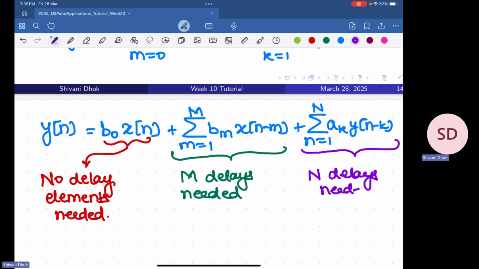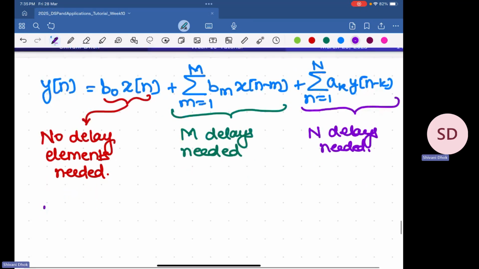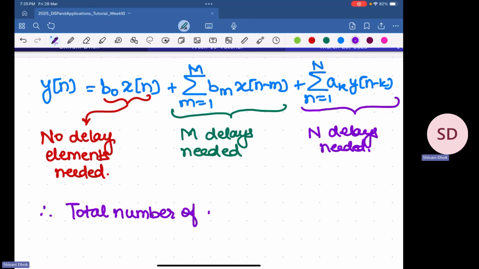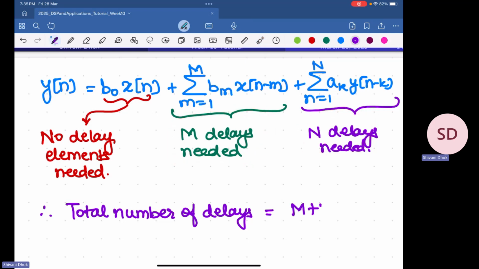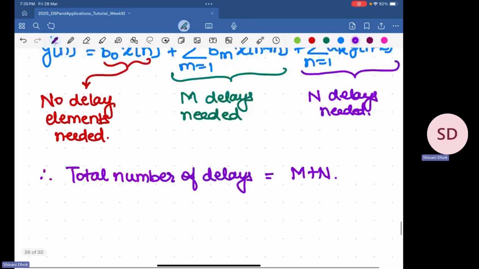Therefore, the total number of delays is the number required to realize this summation plus the number required to realize the other summation, which is M plus N. And this is for direct form 1.